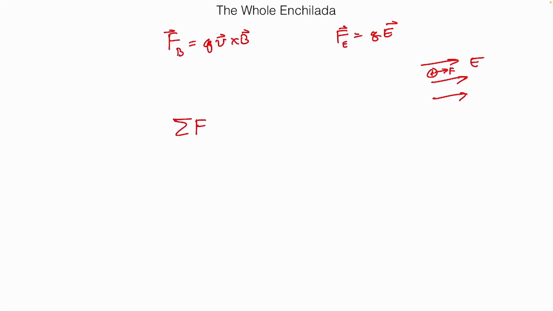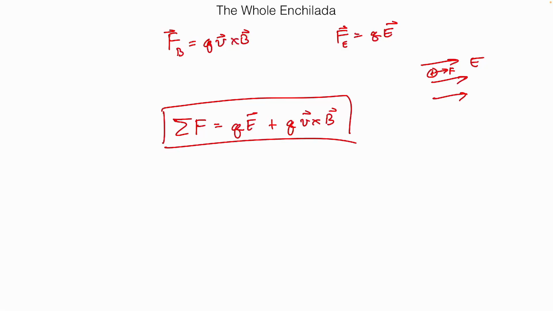So the sum of forces acting on a charge would be written as the force due to an electric field, Q times the electric field, plus Q times V cross B. The thing in the box is called the Lorentz force law.